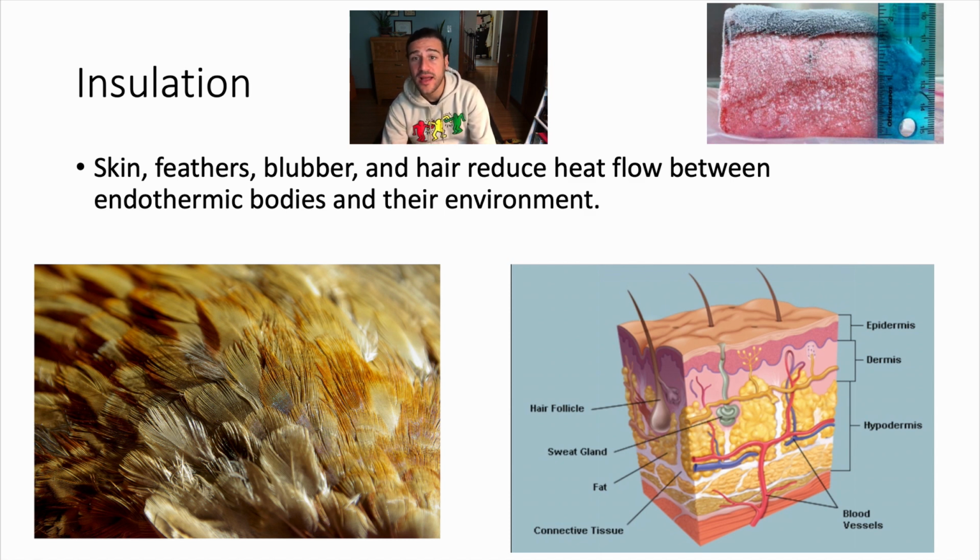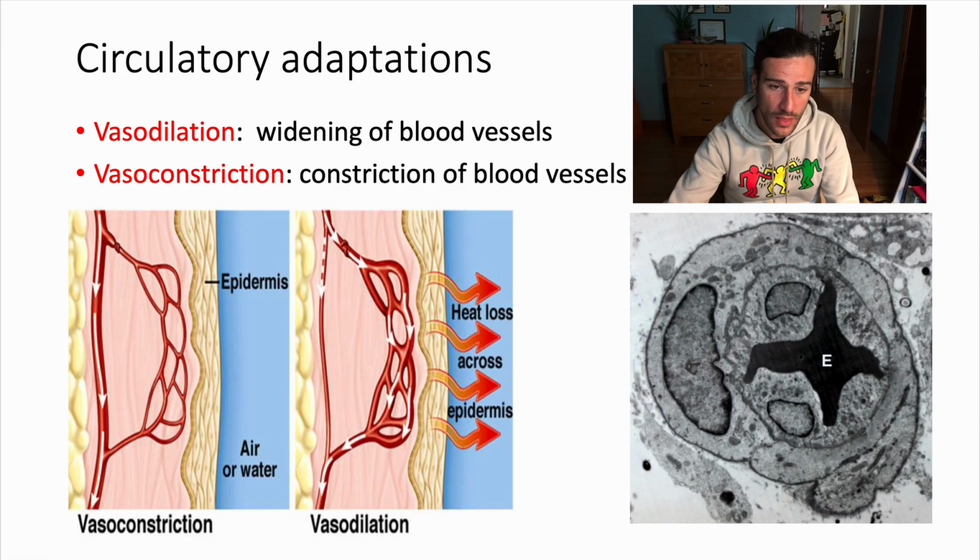So blubber, this layer of fat, is selected for in aquatic environments. So all these insulative structures allow these organisms to hold on to heat and become more efficient, right? They waste energy less because they're insulating and slowing down the loss of heat through their bodies.